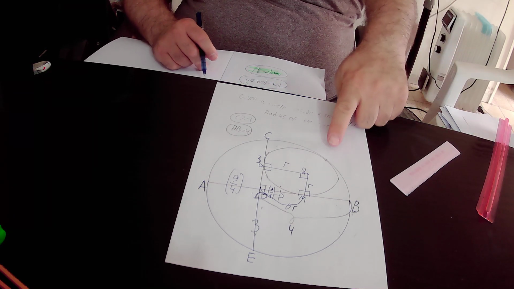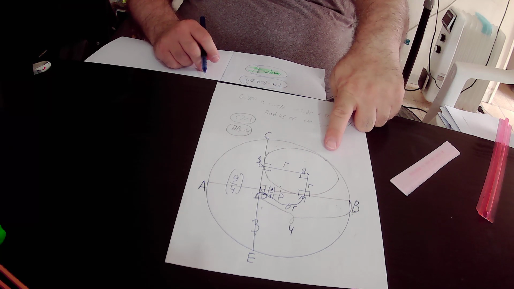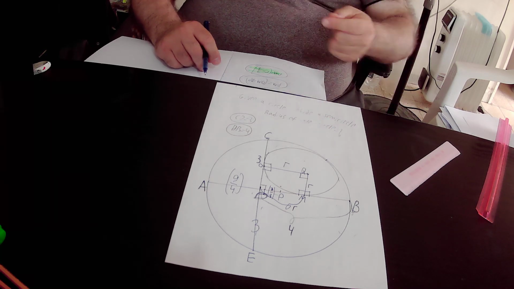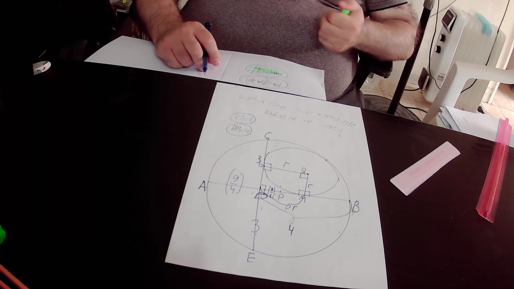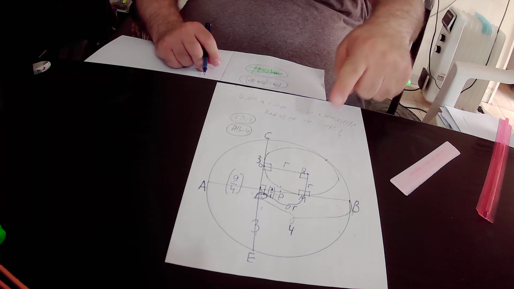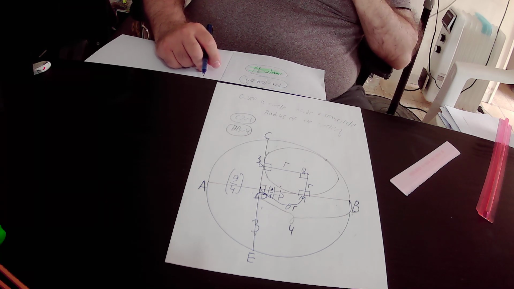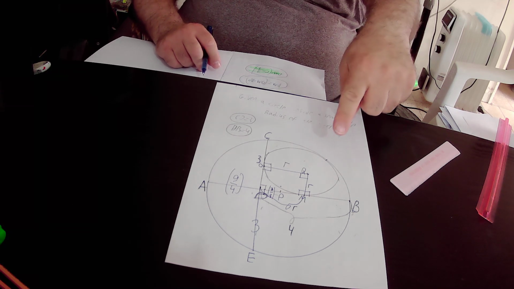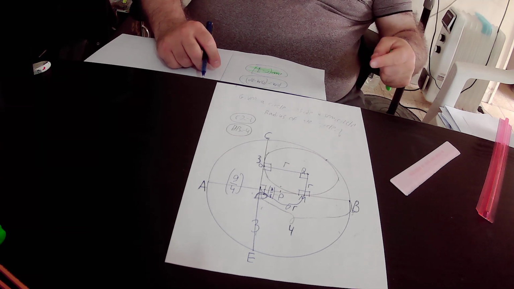Here, this point is the point that the two circles touch each other. Okay, this is actually the point of tangency between the small circle and the big circle. It is the touching point of the small circle with the big circle.